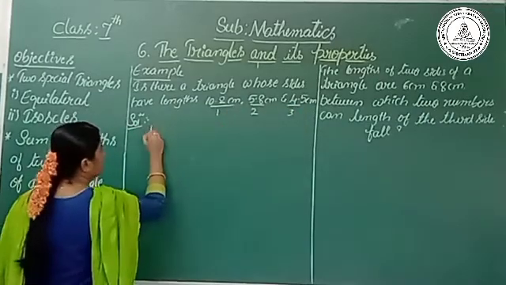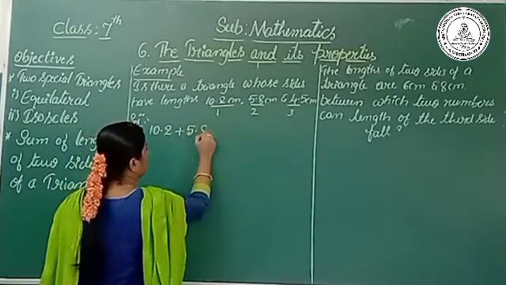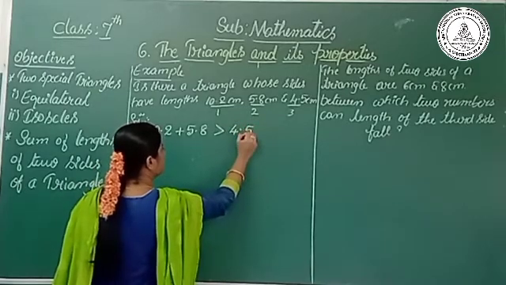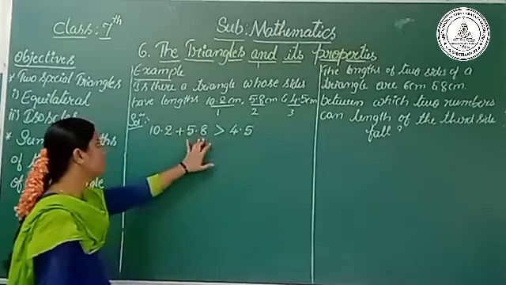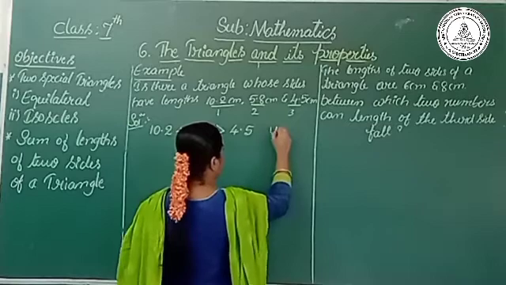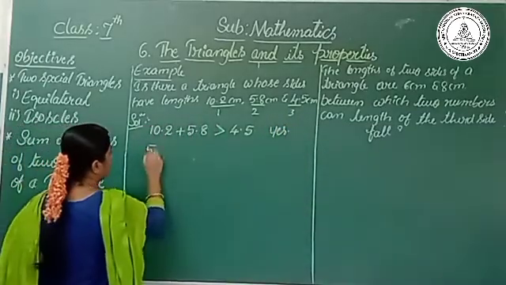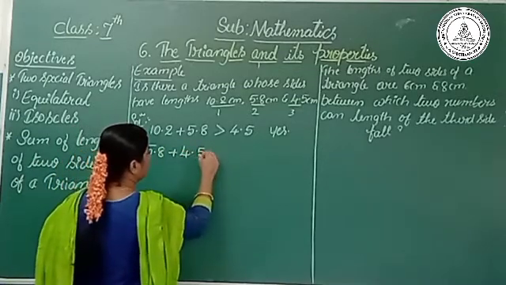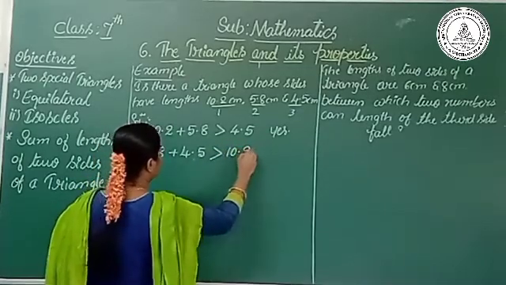Now I will add: is 10.2 plus 5.8 greater than 4.5? Is it true? Yes, 10.2 plus 5.8 is equal to 16. So 16 is greater than 4.5. Yes. And then once again, is 5.8 plus 4.5 greater than 10.2?